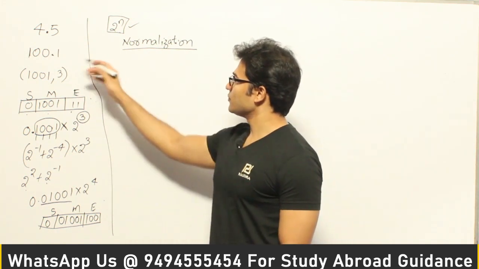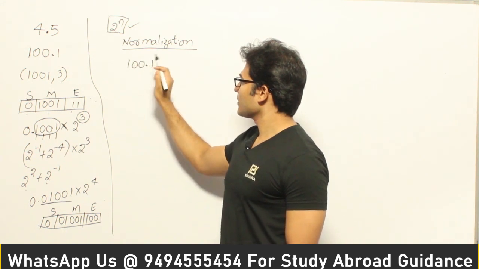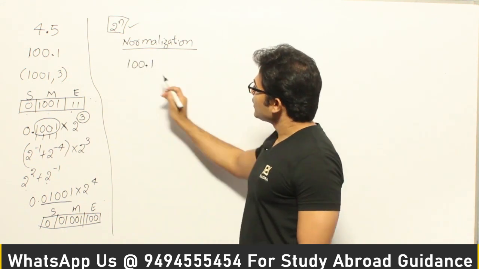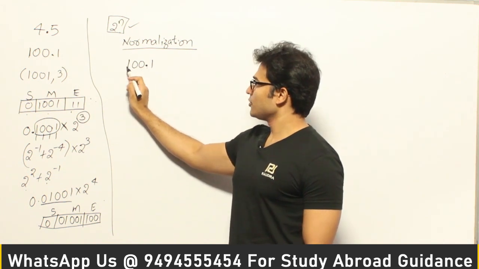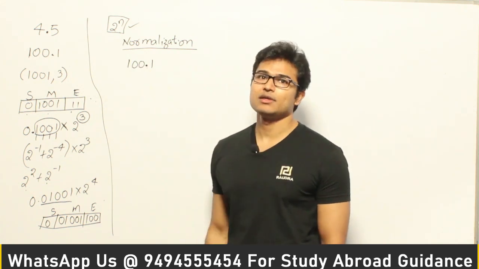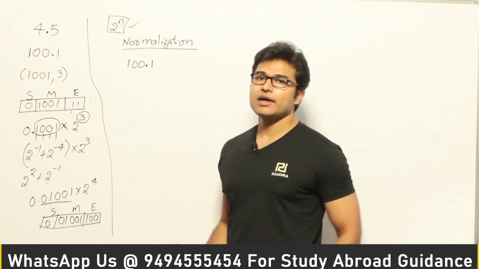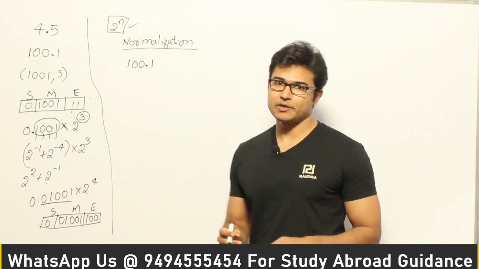For example, if you take this number 100.1, then you move this radix point just before the first one. So wherever you see the most significant one, you move it till there, and that is the only representation we are going to use. No other representation for that number.